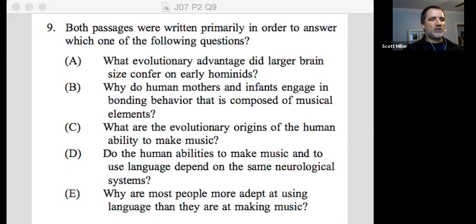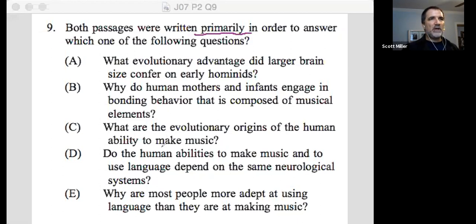So I look at answer choice A. What evolutionary advantage did larger brain size confer on early hominids? Now you might look at that and go, oh, maybe that's something that both passages talked about. But don't be fooled, because remember, this is where pre-phrasing comes in. They're asking you about the primary reason for the passage. And remember that word association game we talked about?